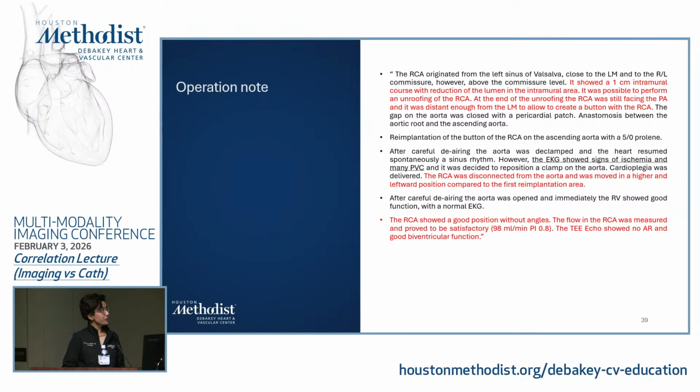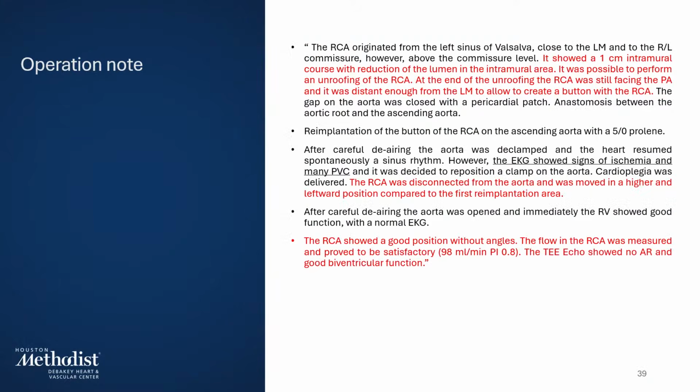So this is the operation note from our patient. Again, the surgeon mentioned an intramural course. First, he did unroofing, but at the end of the unroofing, the RCA was still facing the PA. So this is why he decided to do a reimplantation.